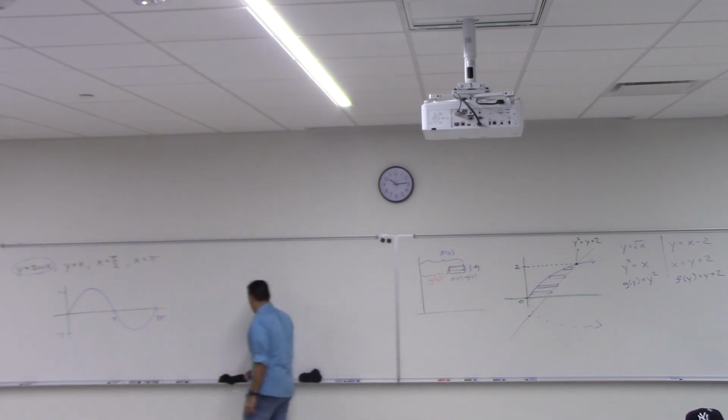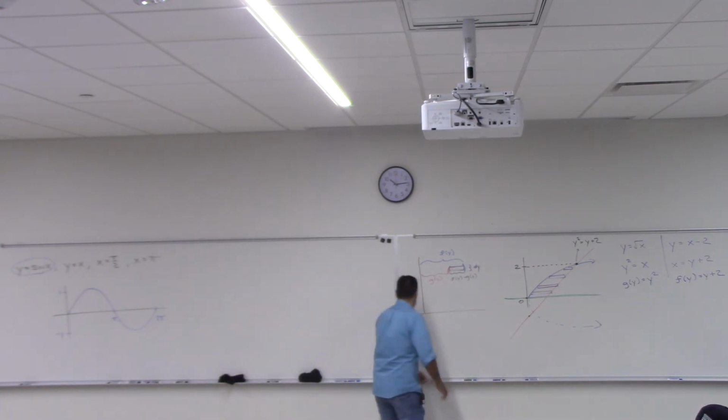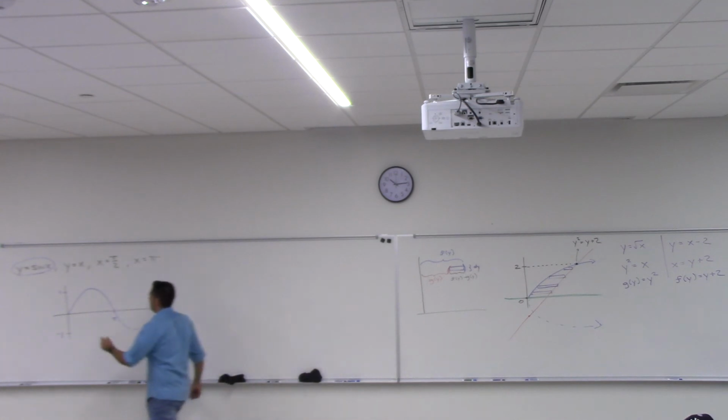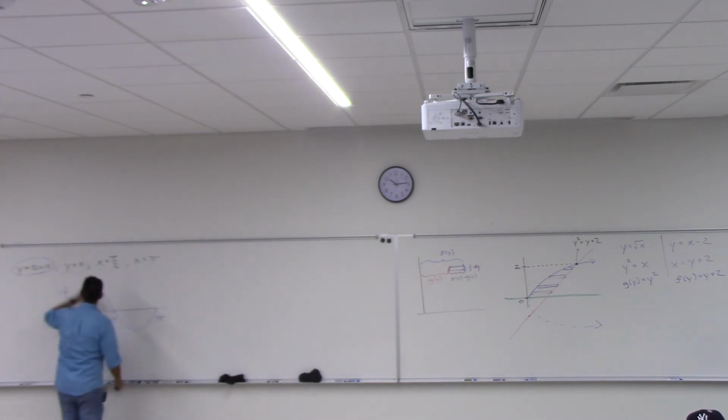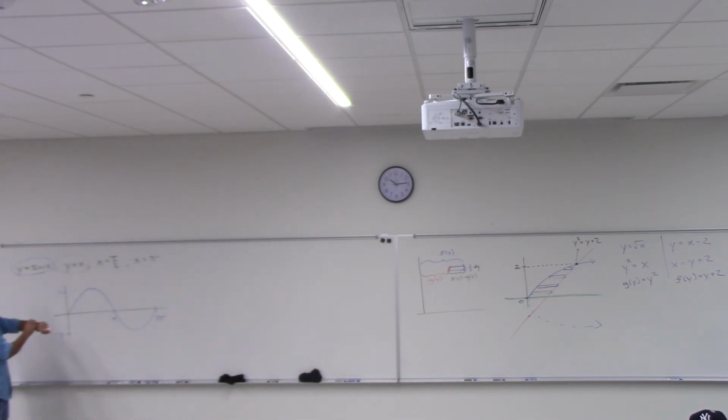Then I have the next curve, y equals x. Y equals x is the diagonal. Where is it? Is it like this?